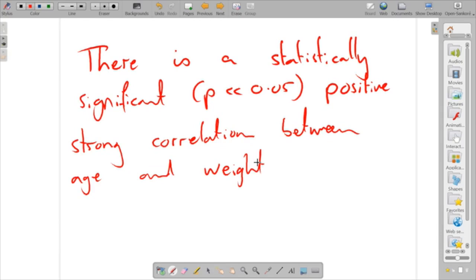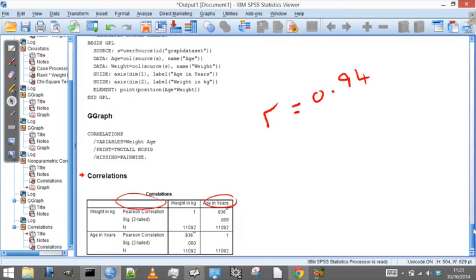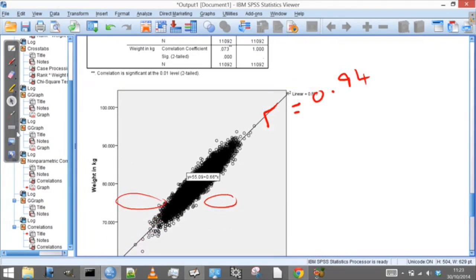When we go into, for example, a graph like the one now, if we give you a graph like this and we ask you to look at it and describe it, you have to be careful with every single word. For example, if there is a strong relationship, you have to back it up with the statistics, as in there is a strong correlation.